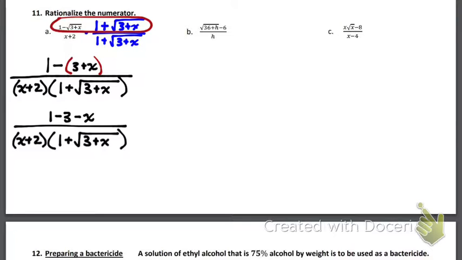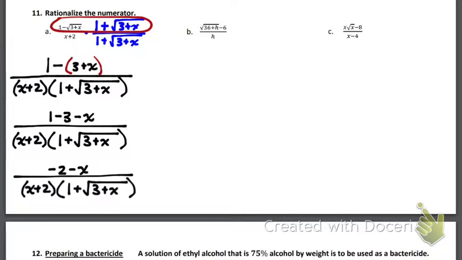What can I simplify in that numerator now? One minus 3. So I have negative 2 minus x over that horrid denominator. What do you notice about both of these pieces? They're both negative, so what can I do to it?